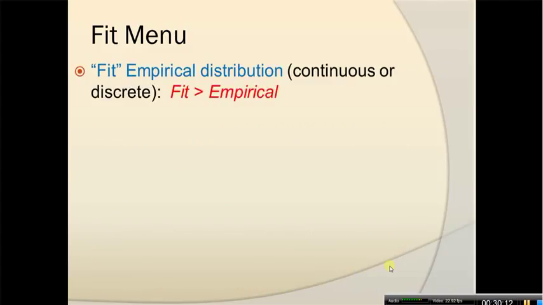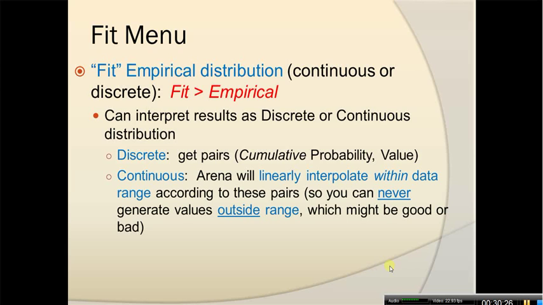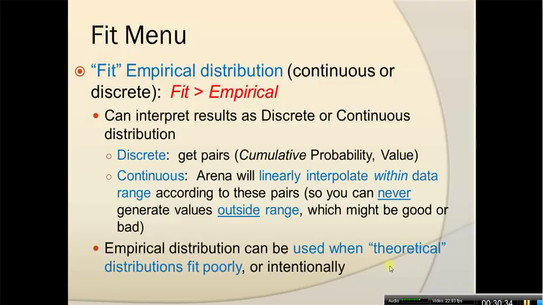So again, right, we also used the empirical distribution fitting by going fit and then empirical, and that interprets the result as a discrete or continuous distribution. For the discrete, you get the pairs that represent cumulative probability and the value, and for continuous, ARENA will just interpolate within the data range. So empirical distribution can be used when theoretical distributions fit poorly or intentionally, right?